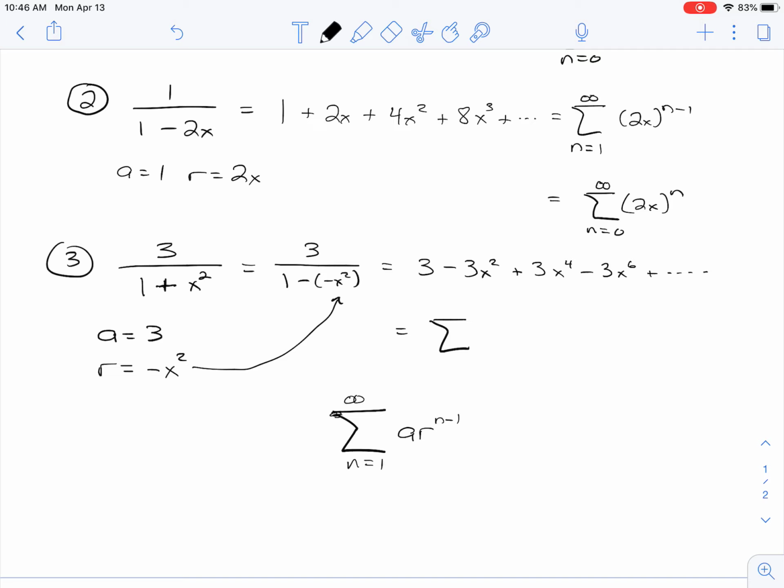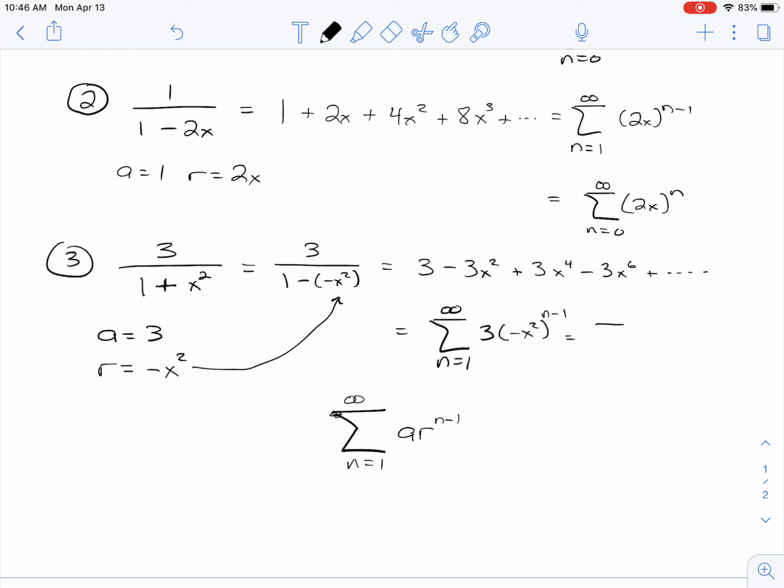So in this case, my a is 3, my r is minus x squared, and my n goes from 1 to infinity. And this is raised to n minus 1.